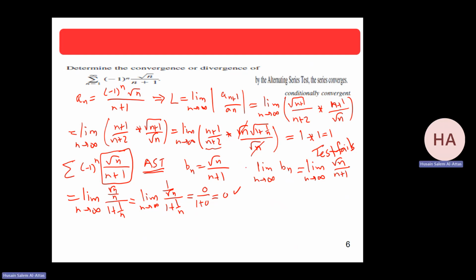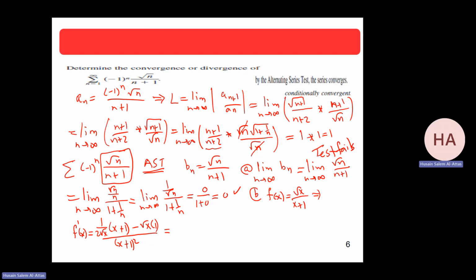Now, this is part A. Part B, I need to check that it's decreasing. So let me take f(x) equals square root of x over x plus 1, to check that it's decreasing. I need to find f prime. It will be 1 over 2 root x times (x plus 1), minus root x times 1, over (x plus 1) squared.